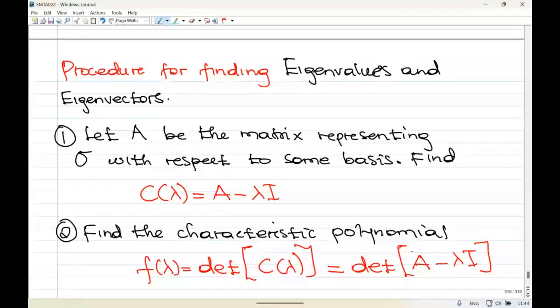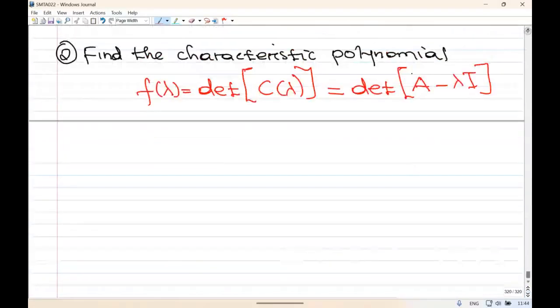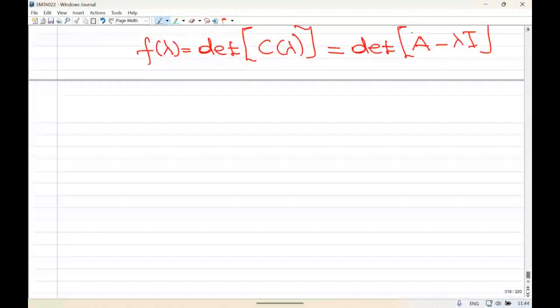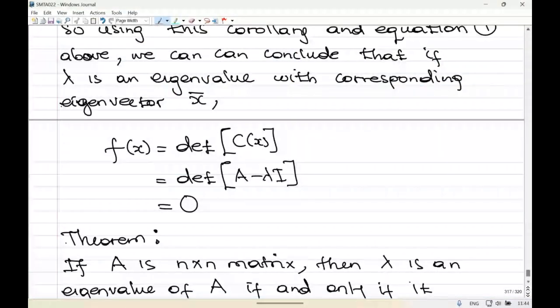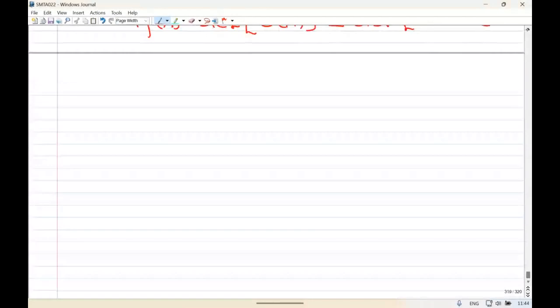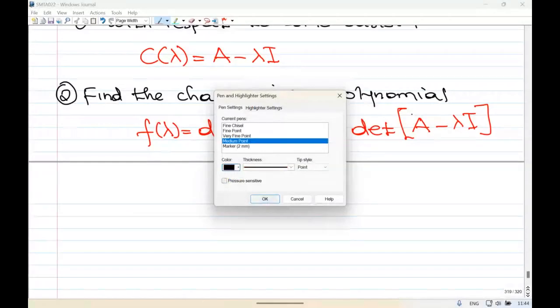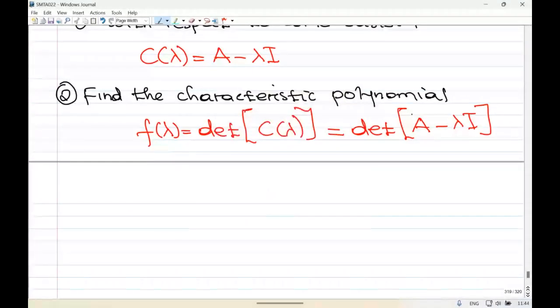We have done that on Wednesday. Are you still there? Yes, sir. Koza, where are you? You are the one who rectified me on Wednesday when I was saying f of x instead of f of lambda.